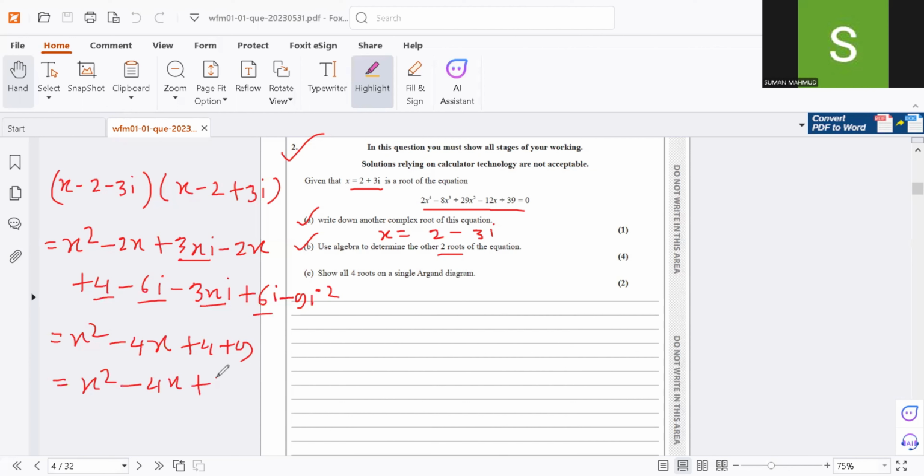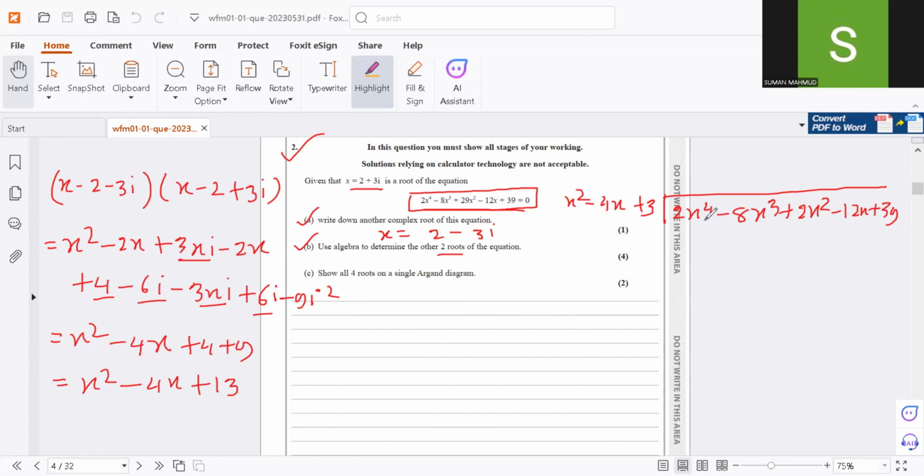So the process is long division. We divide by x squared minus 4x plus 13. So our function is 2x to the power 4 minus 8x cubed plus 29x squared minus 12x plus 39.